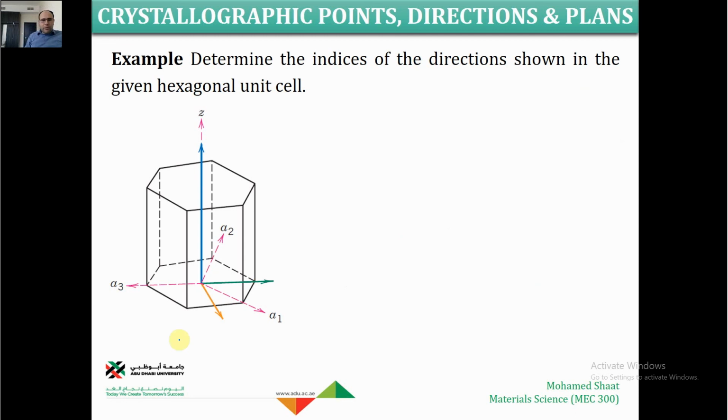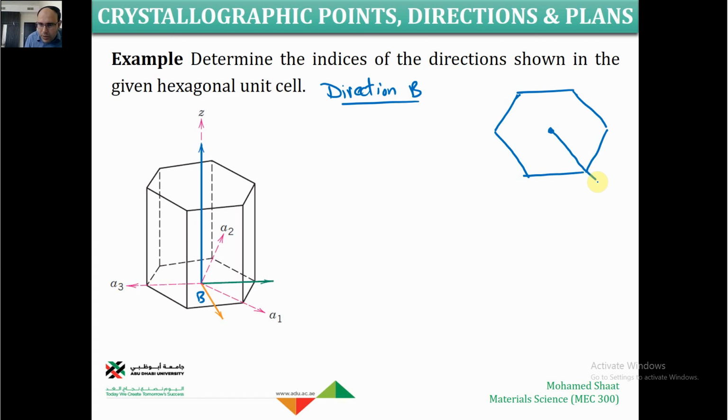How about vector B? This vector is a little bit tricky. Why? Because as you can see, it is somehow in the middle of this edge. So if we draw the hexagonal base, this is going to be the 0 point, this is going to be the A1 direction, like the x-axis, and this is going to be the A2 direction that defines V prime.